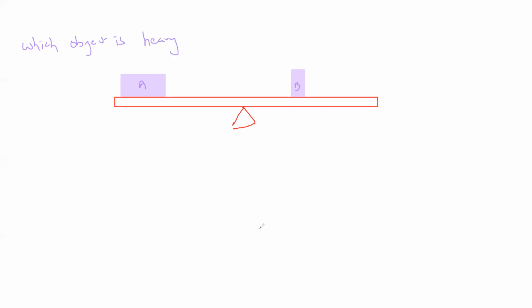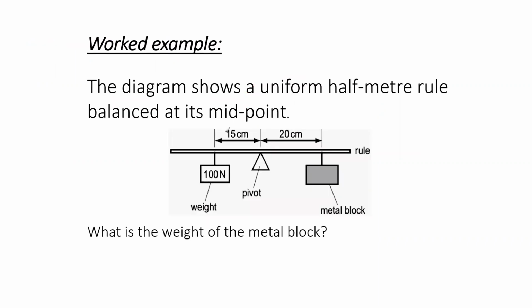Is it A or B? So which object is heavy? B is the heavy object because it is closer to the pivot, and A is the lighter object because its weight is smaller. Don't bother about the size, because they might have different sizes depending on their densities. So whenever we want to balance the beam, heavy objects are placed closer to the pivot and lighter objects are placed away from the pivot to produce the same turning effect.